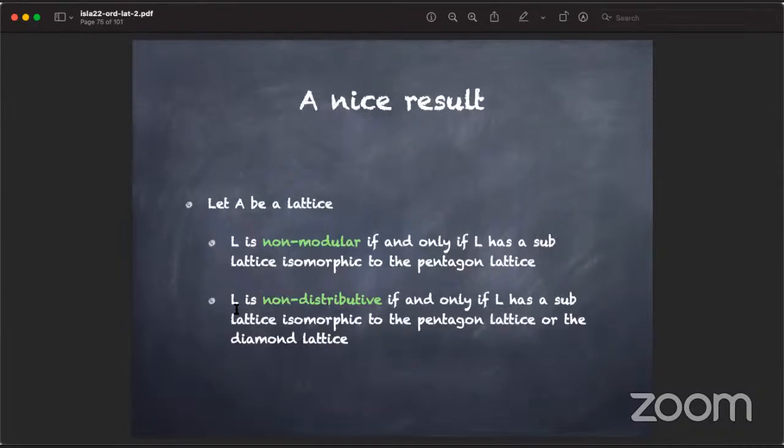And A is non-distributive if and only if A has a sublattice which is isomorphic to the pentagon lattice or the diamond lattice. So this wraps up how to get to know which lattices are distributive or not and which lattices are modular or not.